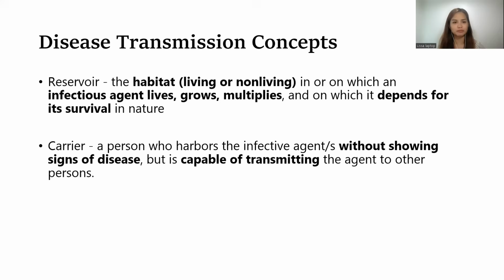A carrier is a person who harbors the infective agents without showing signs of disease, but is capable of transmitting the agent to other persons. So they are very important in epidemiology and in public health because they can cause the spread of disease, but we are not able to easily identify them because they do not show signs of the disease.